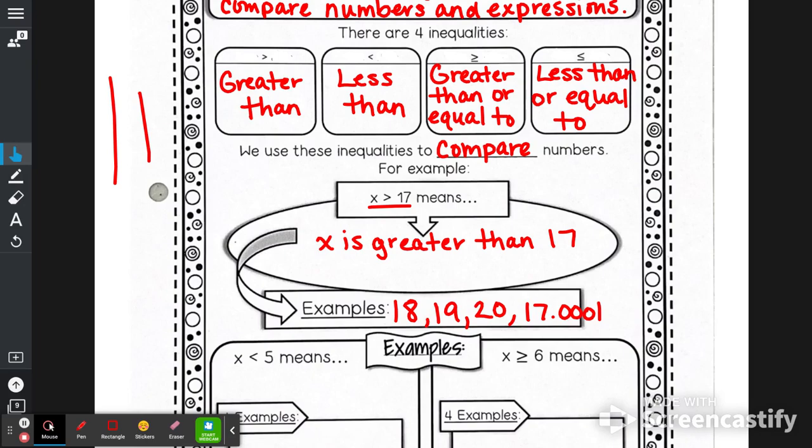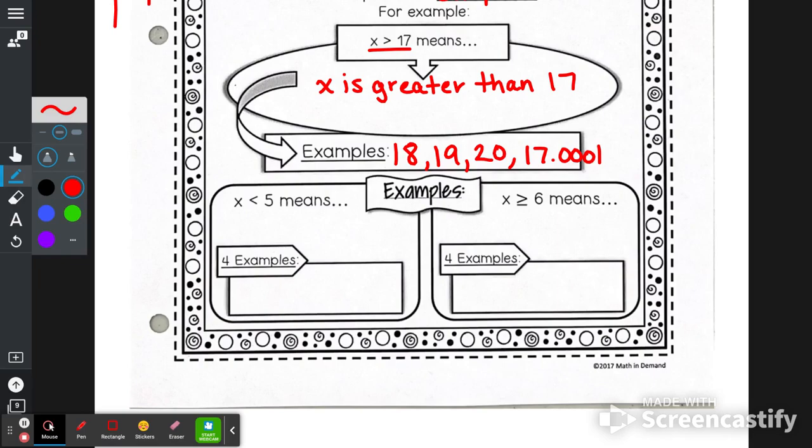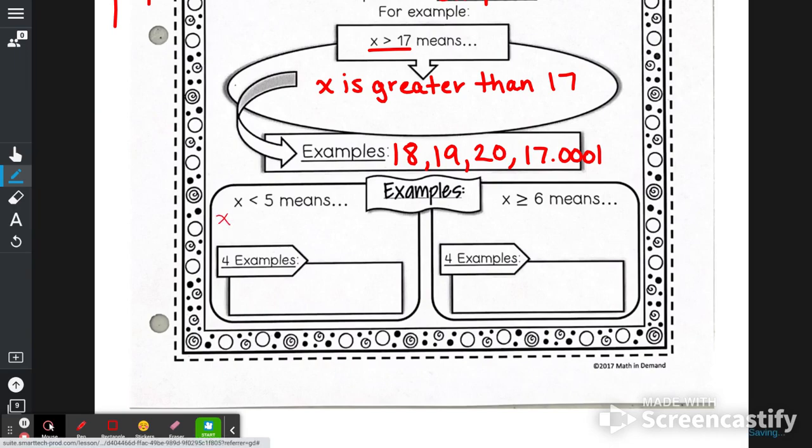Okay, so let's look at just a couple more real quick. On our examples, our very first one, we have X is less than 5. What does that mean? It's less than 5. Okay, so it means that X is any number less than 5. So before, you've always had two values and you have put the inequality sign in there, correct?